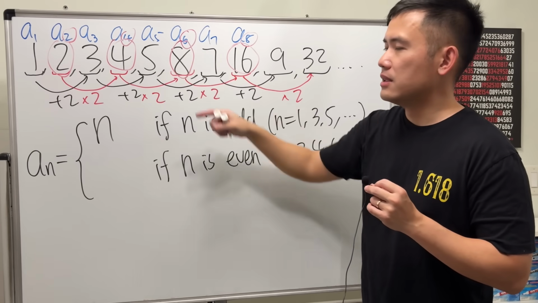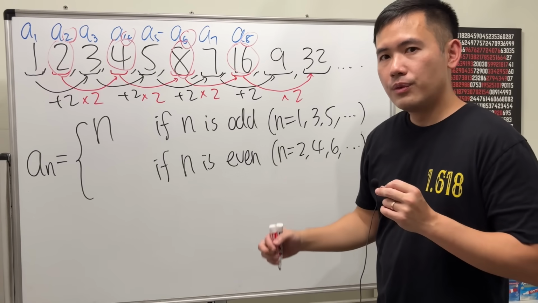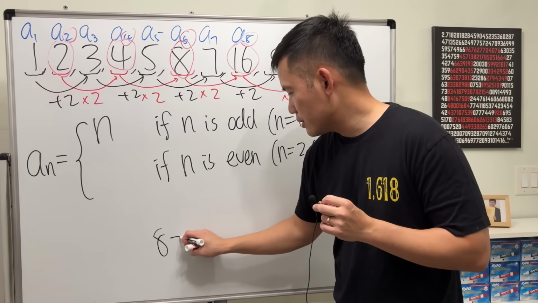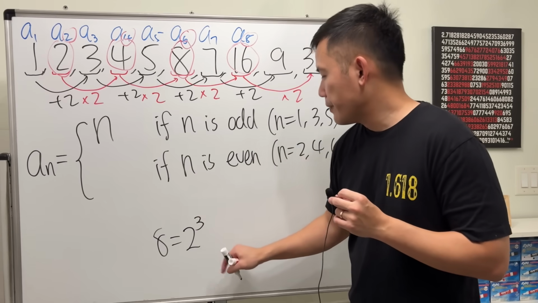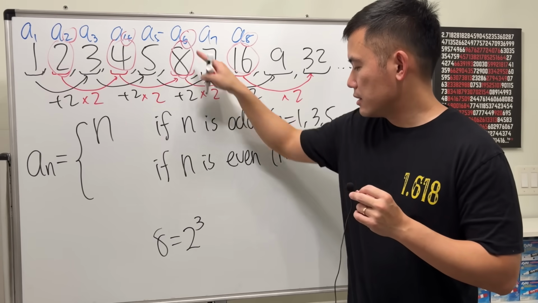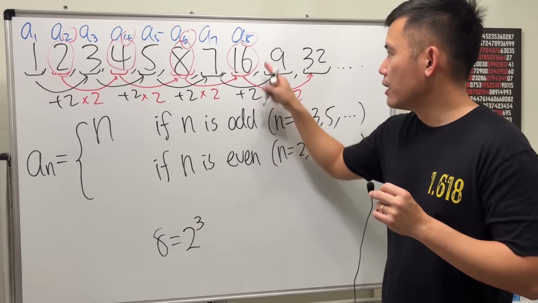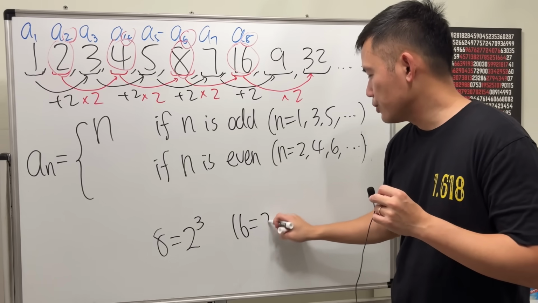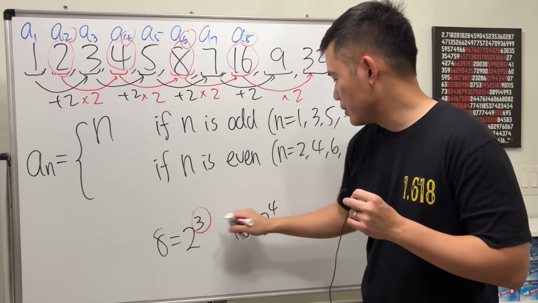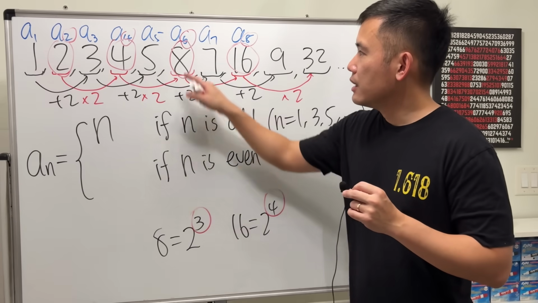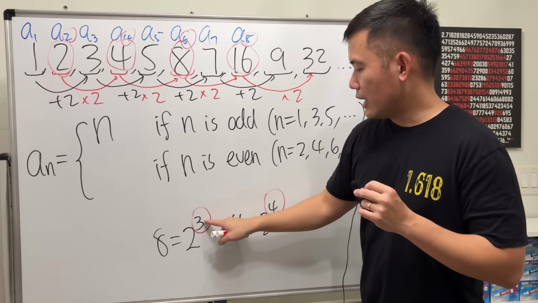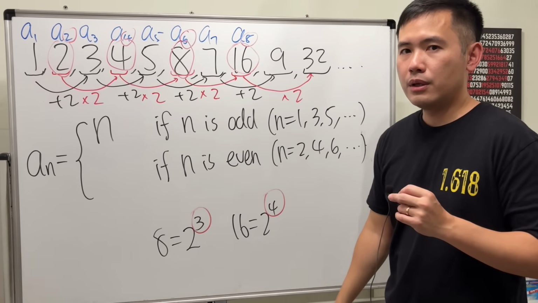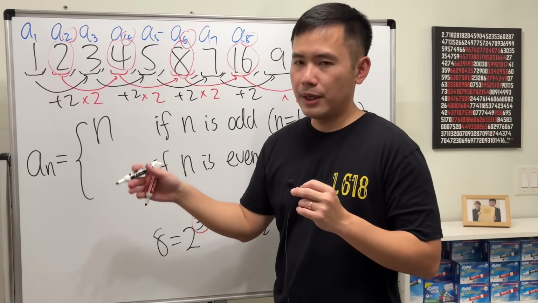This is 6, this is 8. Well, we know 8 is the same as 2 to the third power, so let me just write that down. So A6, we have to get 2 to the third power. Right here, A8 is 16. 16 is 2 to the fourth power. Pay attention to the powers. For 6, you should have 3 for the power. For the 8, we should have 4 for the power. So just divide it by 2, right?